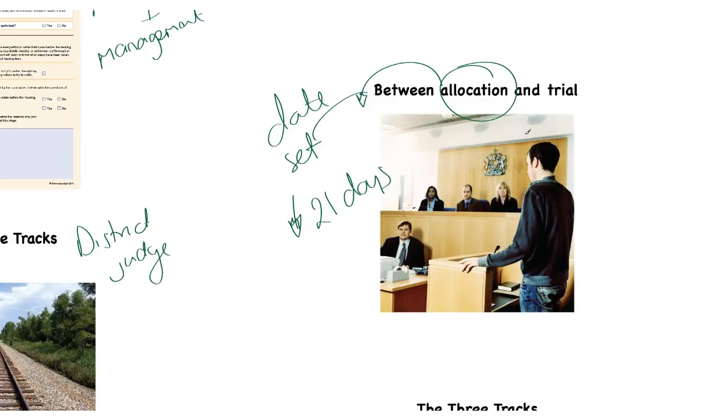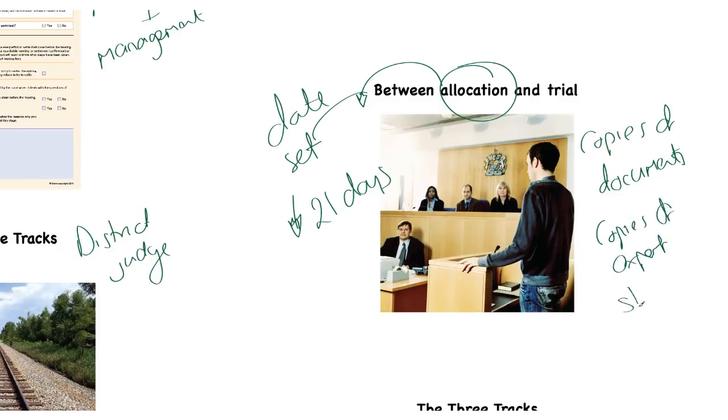And the actual date depends on what other directions are needed. So that might be copies of documents might be needed. And it might take some time to get these together. Copies of expert statements perhaps. So you can use that delay to be able to get these documents. And then it goes to trial. Once everything is in place, it then goes to trial.